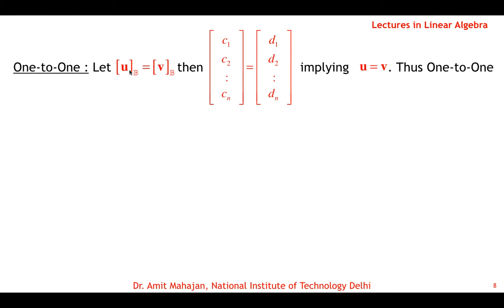So let the b coordinate of u equal the b coordinate of v. Okay, so in the codomain these two vectors are equal, then we are going to prove that their pre-images are also same. Okay, so the b coordinate of u, because u is written as a linear combination of bases, has the weights c1 c2 cn, and the b coordinate of v has the weights d1 d2 dn. So these two will be equal, and that means c1 equals d1, c2 equals d2, cn equals dn.